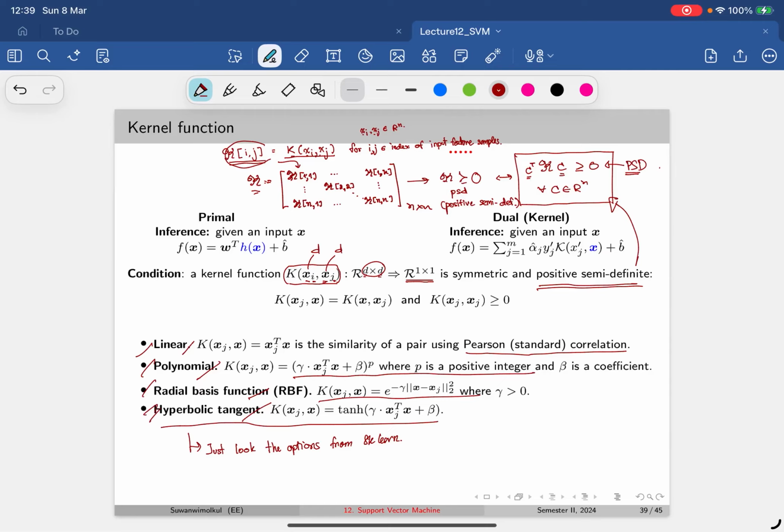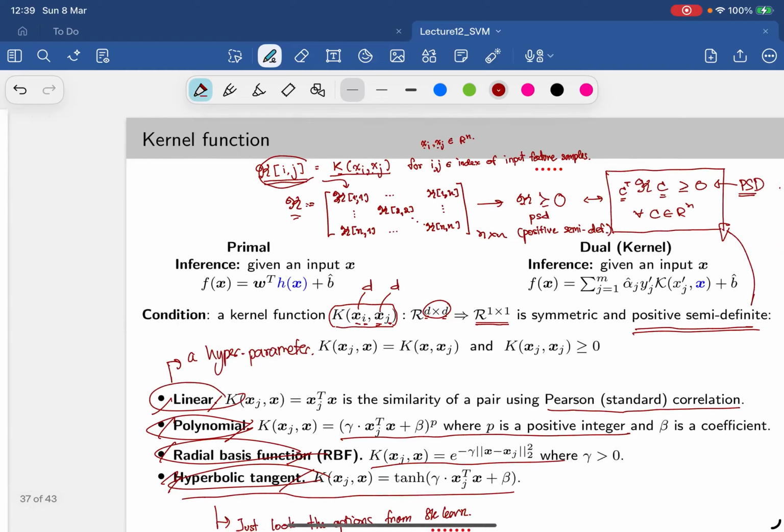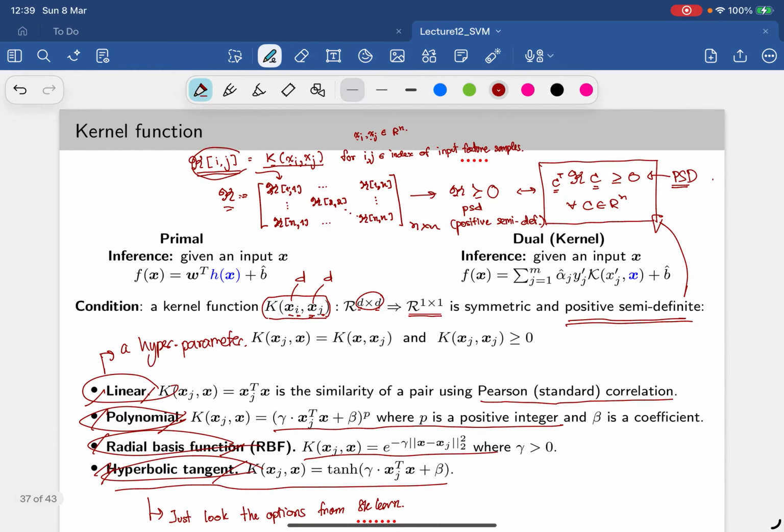And in fact, we normally treat this kernel function as a hyperparameter, because they are parameters that you cannot really learn, like which function is the best.